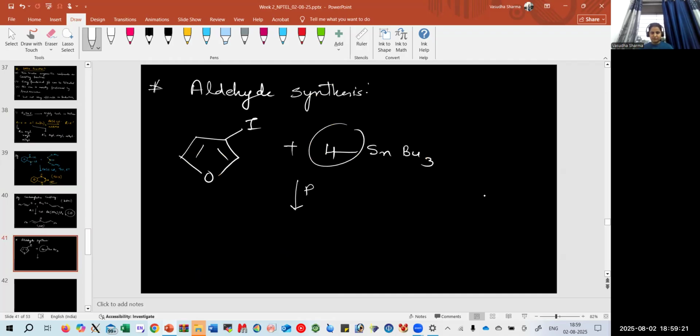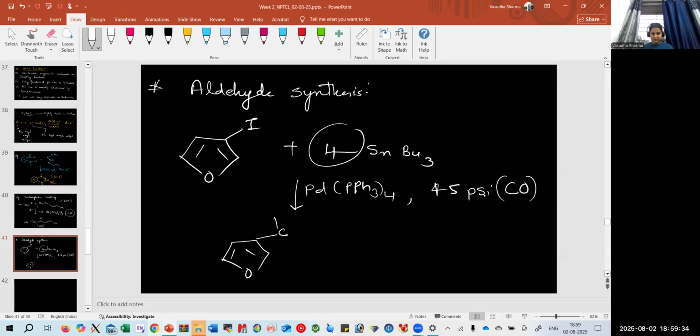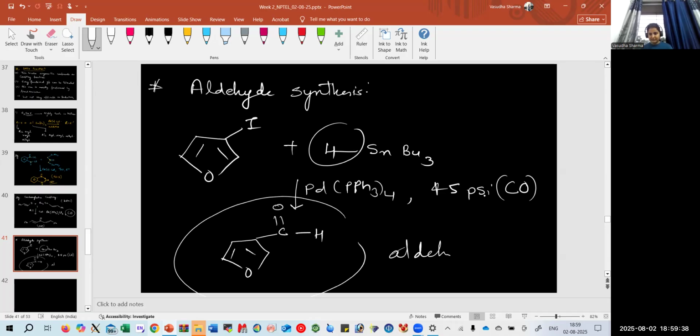So firstly in the presence of the catalyst and 45 psi pressure of carbon monoxide, it would introduce a C double bond O H, and this is an aldehyde. This can only be possible with a Stille reaction.